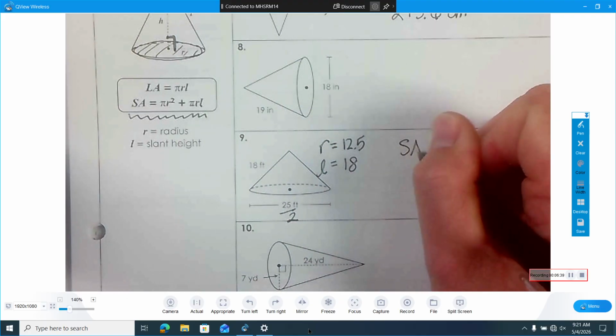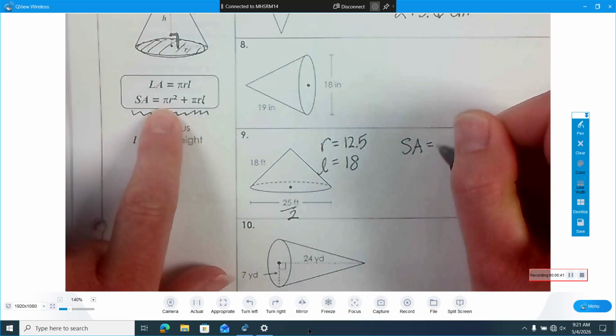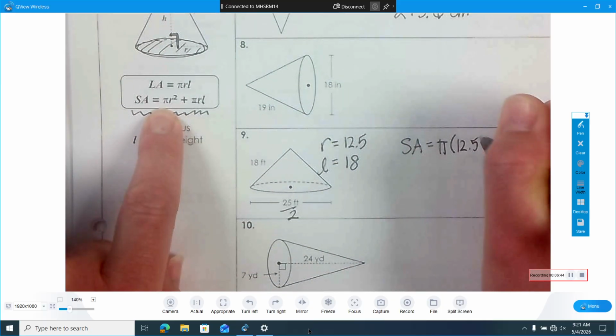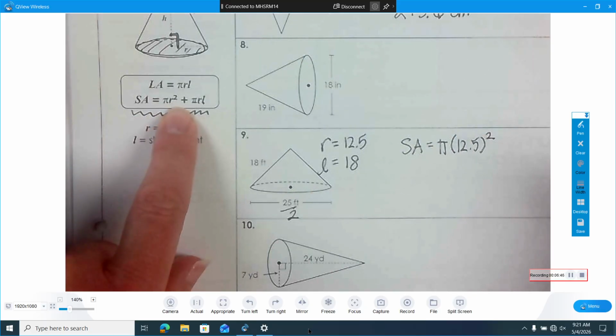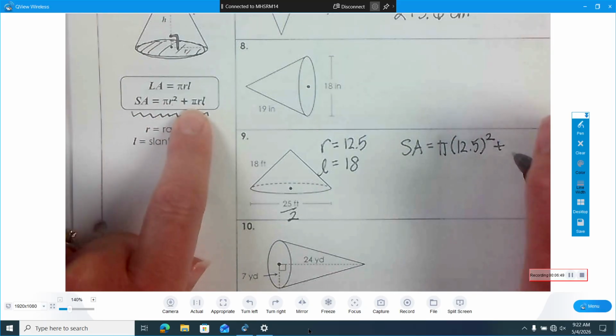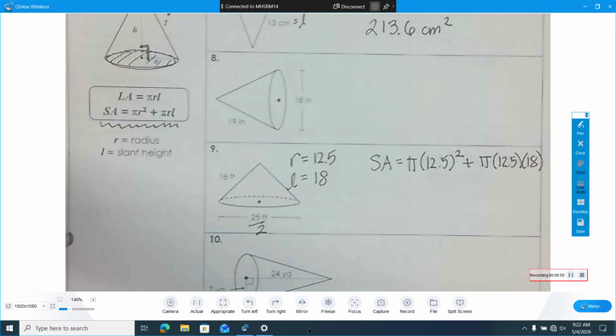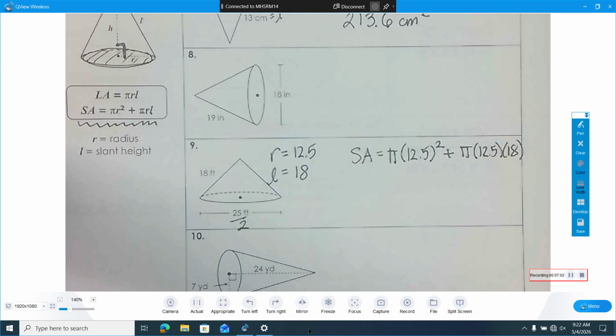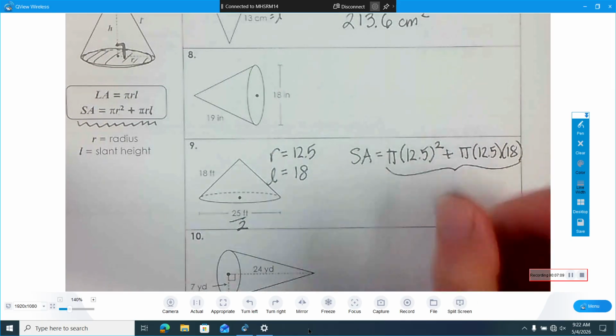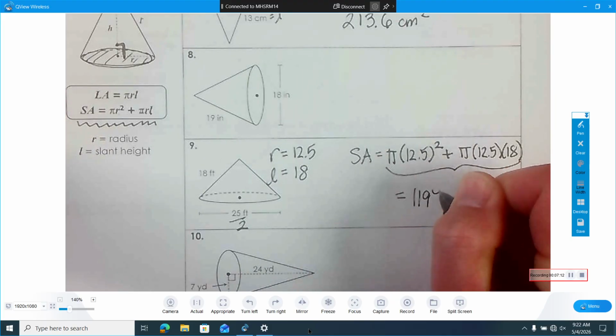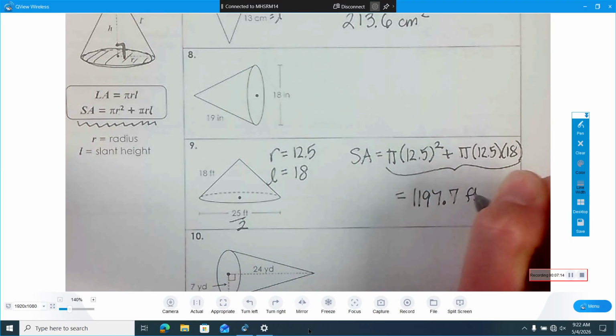So surface area is pi times radius squared, the area of the circle on the bottom, plus pi times radius times slant height. Pi times 12.5 squared plus pi times 12.5 times 18. If you put that whole thing in your calculator, we get 1197.7 feet squared.